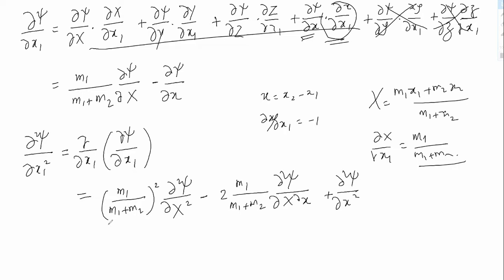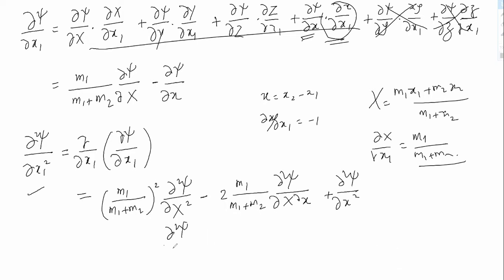Therefore, first you have obtained delta psi by delta x1, and then you have obtained delta square psi by delta x1 square. Similarly, I can obtain delta square psi by delta y1 square and delta square psi by delta z1 square. What will be the change?